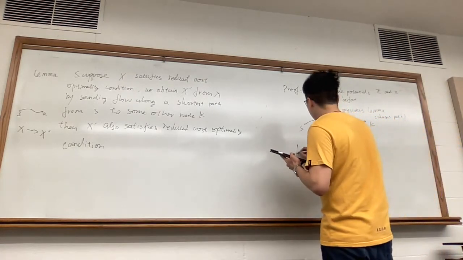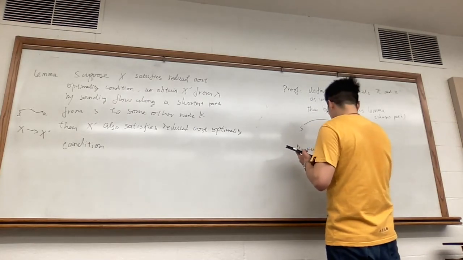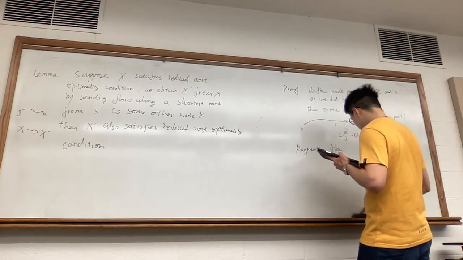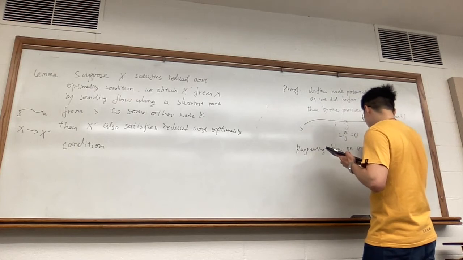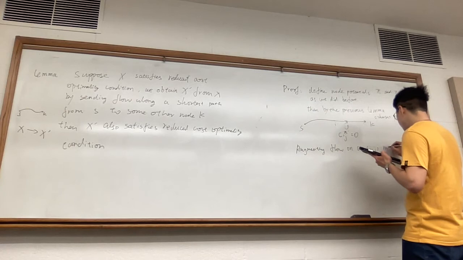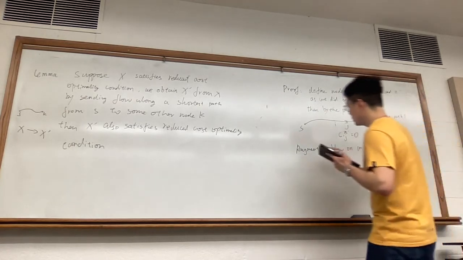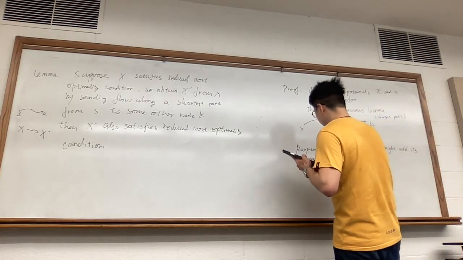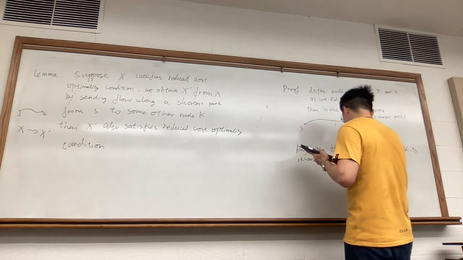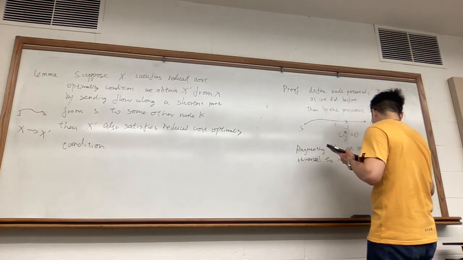Augmenting flow on arc ij might add its reversal to the residual network.